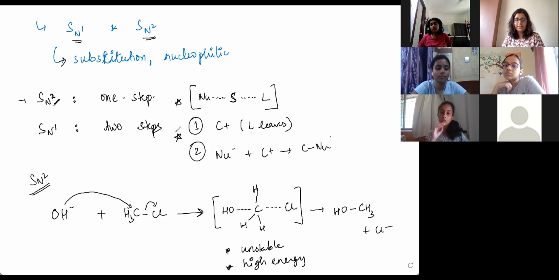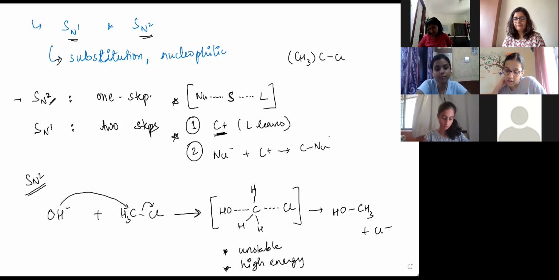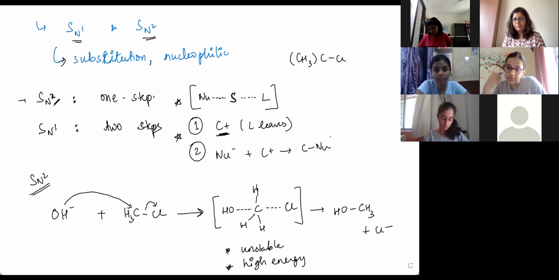But in the case of Sn1, the first step, a carbocation is formed, right? Here the nucleophile is not coming into the picture at all. Suppose I have a tertiary carbon. The second step is the attack of the nucleophile on the carbocation, right? So that involves two species, but that is not the rate determining step.